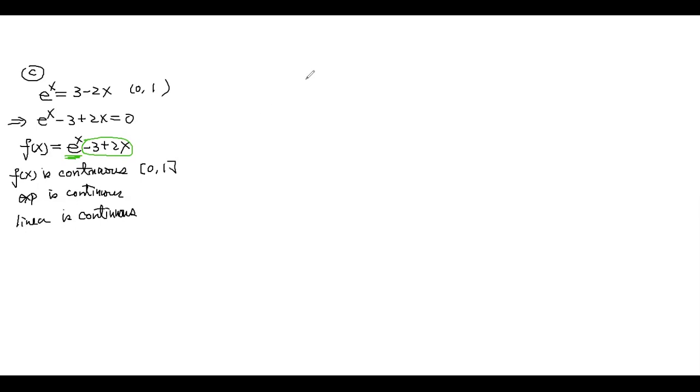In these intervals here. Okay, now the same way, let's see f of 0. f of 0 is what? It will be e^0 minus 3 plus 2 times 0, right? So this is 2 times 0, so it's negative 2. Okay, so the same way I have f of 1. f of 1 is e^1 minus 3 plus 2, right?